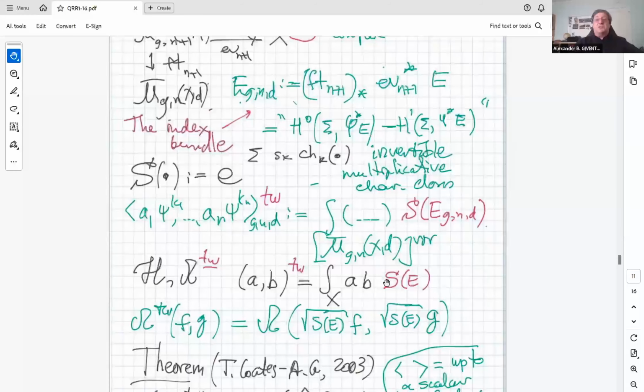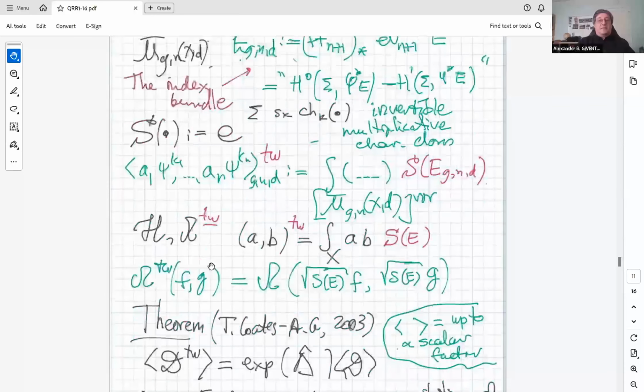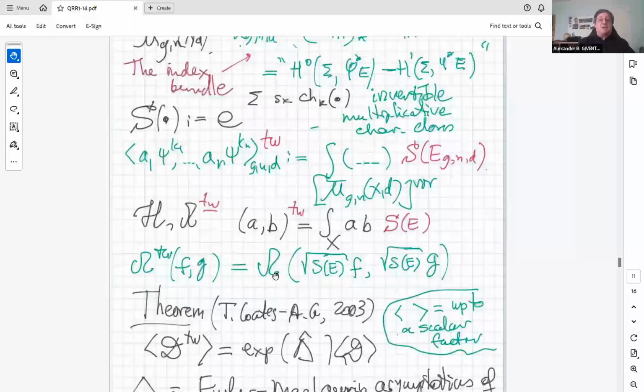This way you redistribute S of E in between A and B as a square root, and it equalizes the symplectic structure. Therefore, this multiplication map makes a symplectic transformation from the undeformed space to this deformed symplectic space.